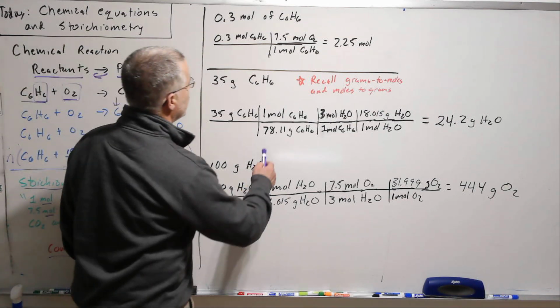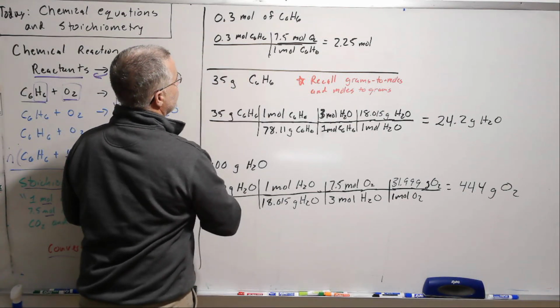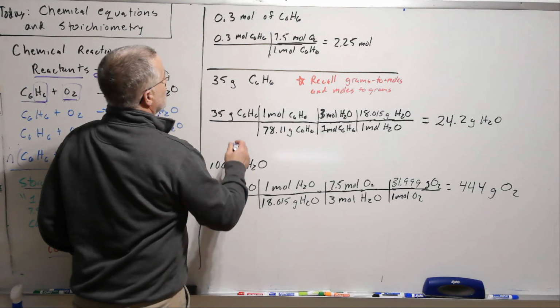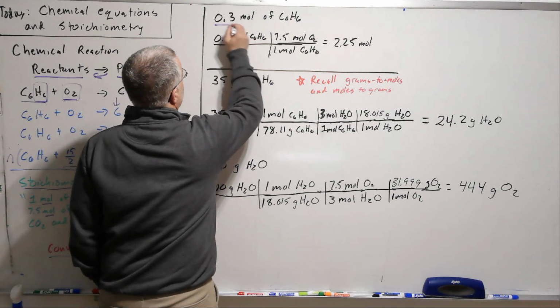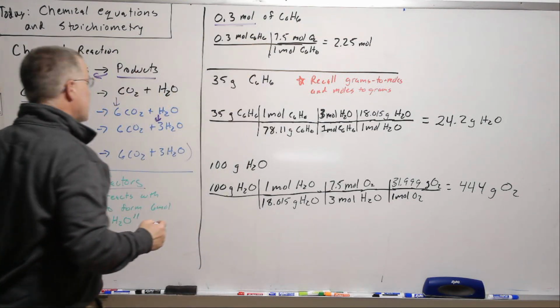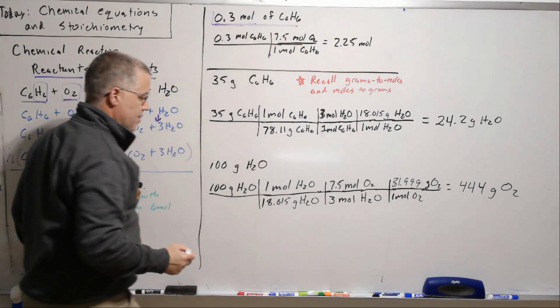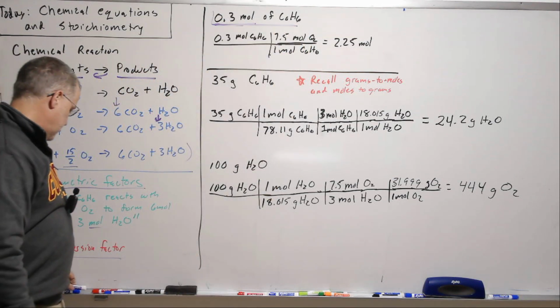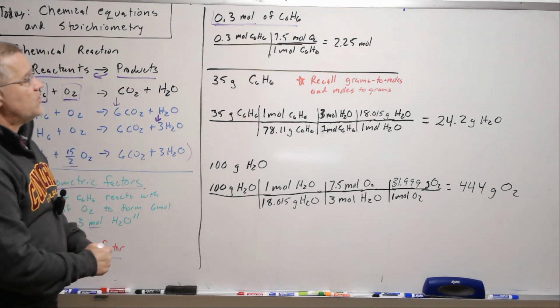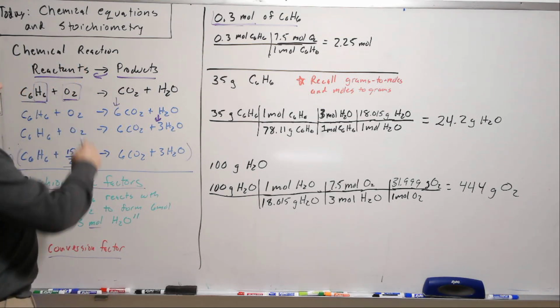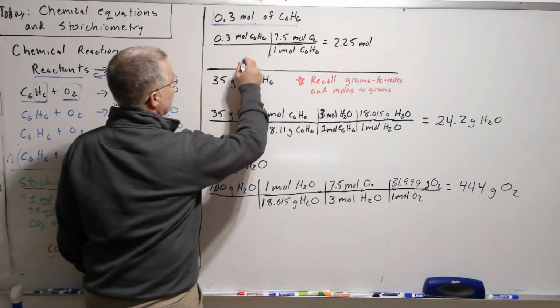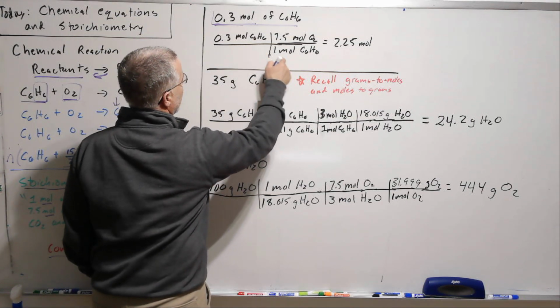So the basic idea here is we might want to know, okay, if I have 0.3 moles of benzene, how many moles of oxygen are consumed along with that? And so that's a direct calculation using the conversion factor.